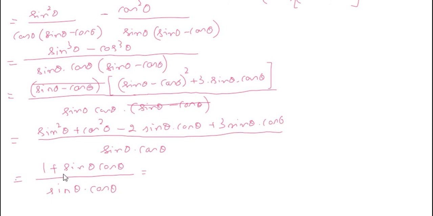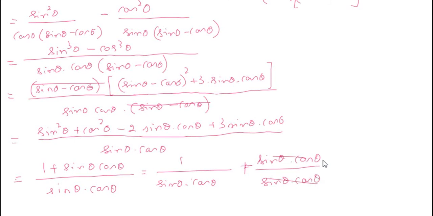Now let us divide each of these terms by sin theta cos theta. So this is 1 divided by sin theta into cos theta, plus sin theta cos theta divided by sin theta cos theta.